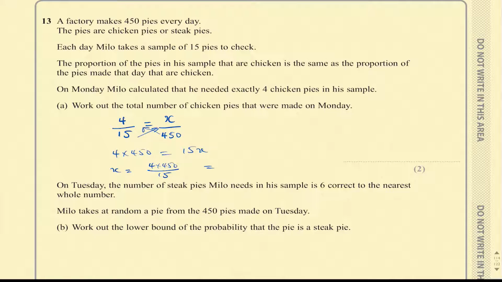Well, how many 15 in 45? That'll be 3. 3 times 4 is 12, times 10 is 120. So the x of chicken will be 120.